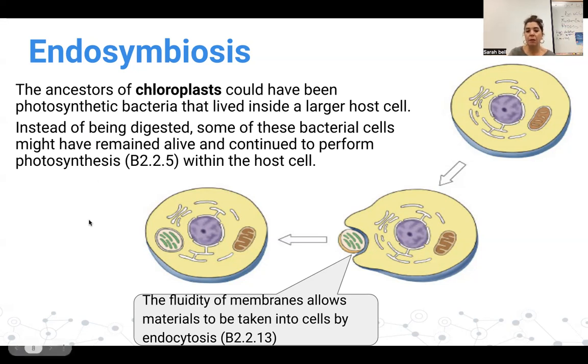And none of this would be possible without the structure of the cell membrane. So we should remember that the fluidity of the cell membrane is what allows so much of this to happen, right? It's essential to our endomembrane system. It's essential to the endosymbiosis theory. It's essential to infolding. So we really truly think this is how a lot of these things evolved.